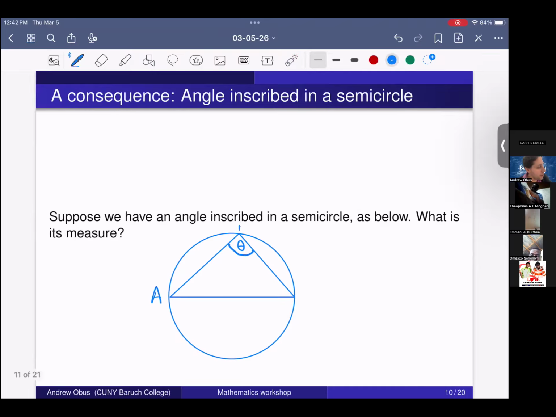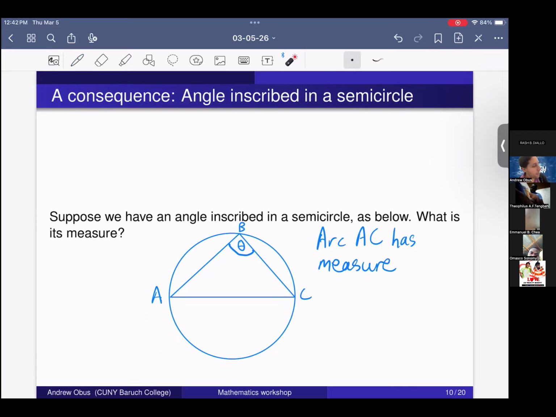If I call this A, B, and C, so this angle is inscribed in a semicircle, well, arc AC has measure how many degrees? So this is a semicircle, right? So this means this is a radius. So we've got half the circle. So how many degrees is this arc? Can we say 180? Exactly, yeah. So this has measure 180 degrees.